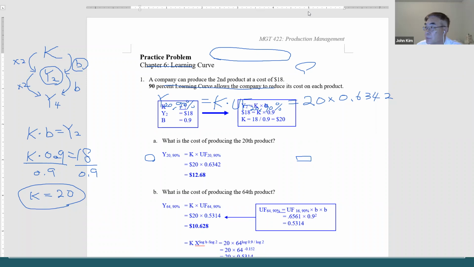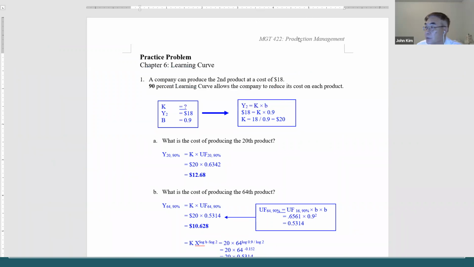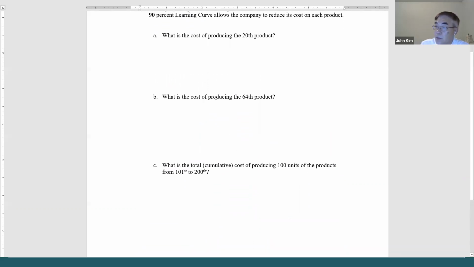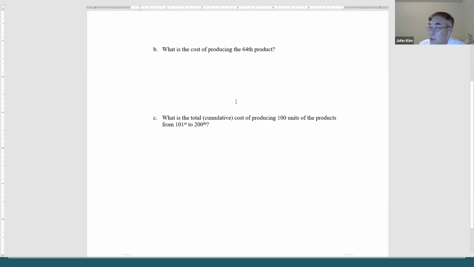Next question. What is the cost of producing the 64th product unit?